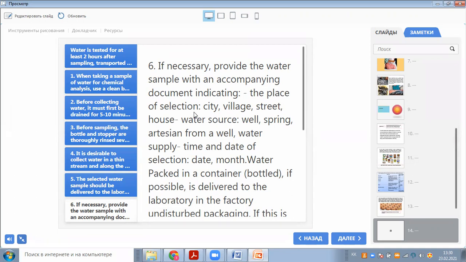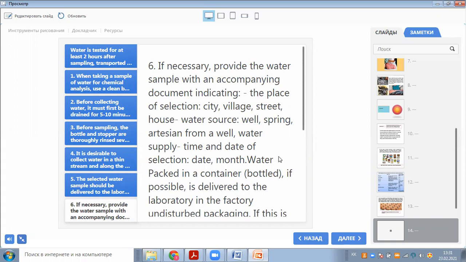place of selection. For example, it may be city, village, street, house, and the next is the water source, maybe well, spring, artesian well, and the water supply.